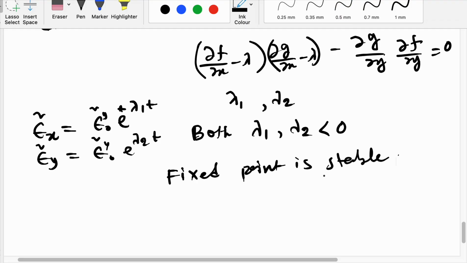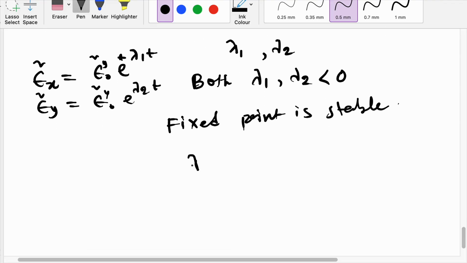Now let me talk about when the periodic orbit comes. Suppose the solution of this equation is lambda 1 equal to plus ai, and lambda 2 is minus ai.